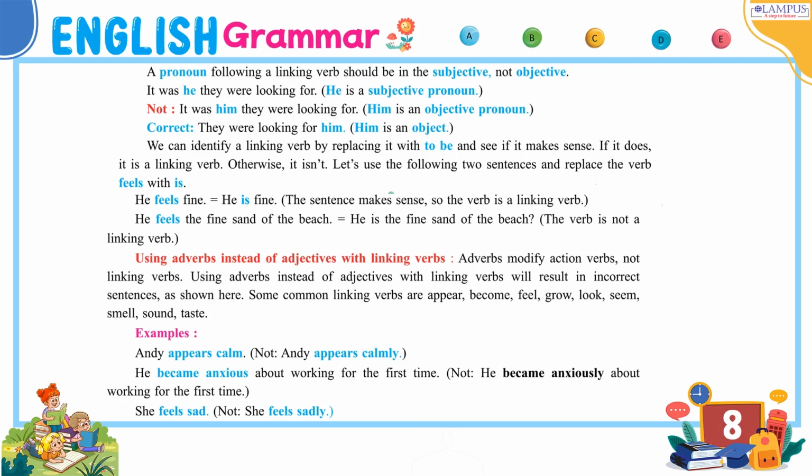Examples. Andy appears calm. Note: Andy appears calmly. He became anxious about working for the first time. Note: He became anxiously about working for the first time. She feels sad. Note: She feels sadly.